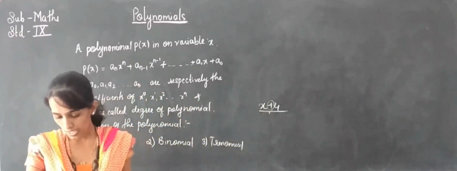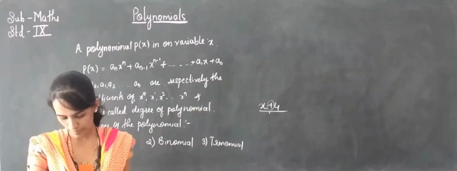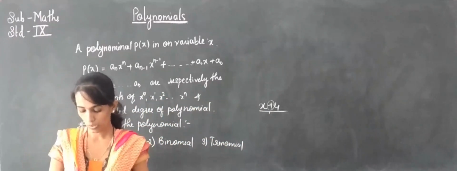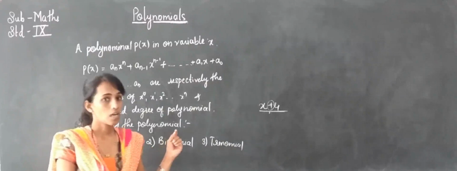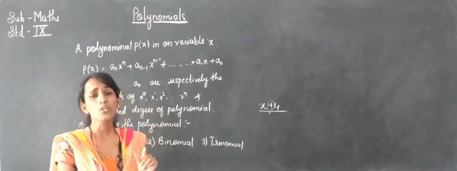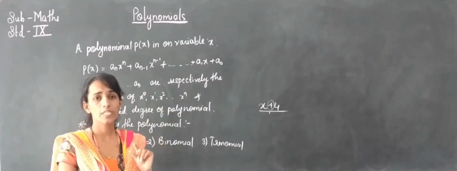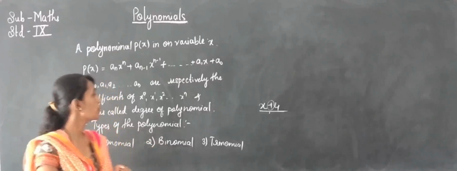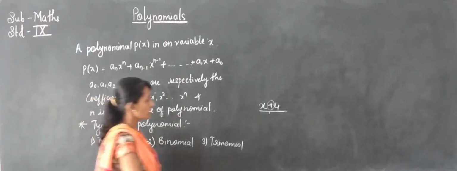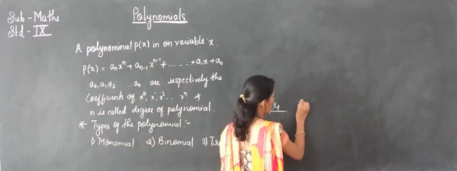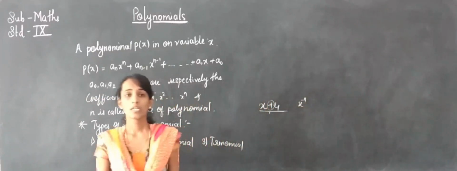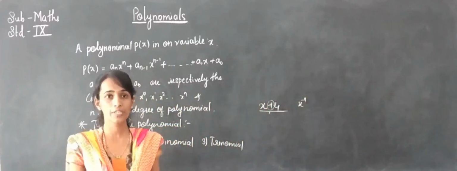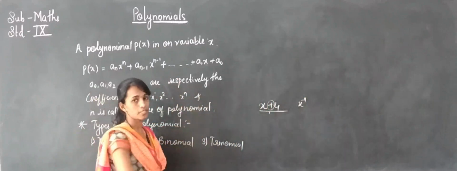But what is the difference between polynomials and algebraic expressions? Only some particular algebraic expressions we can call polynomials. An algebraic expression with a negative index is not considered a polynomial.